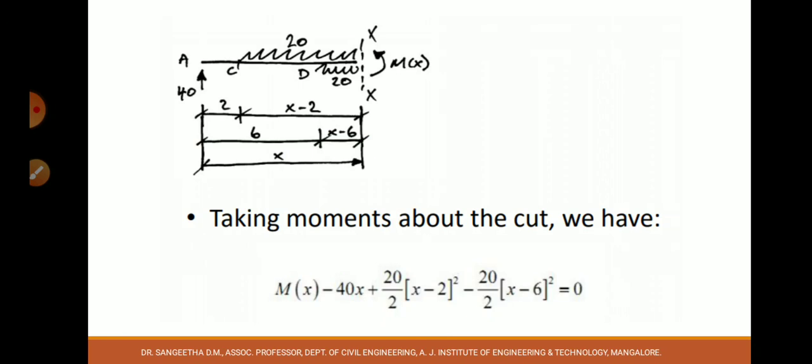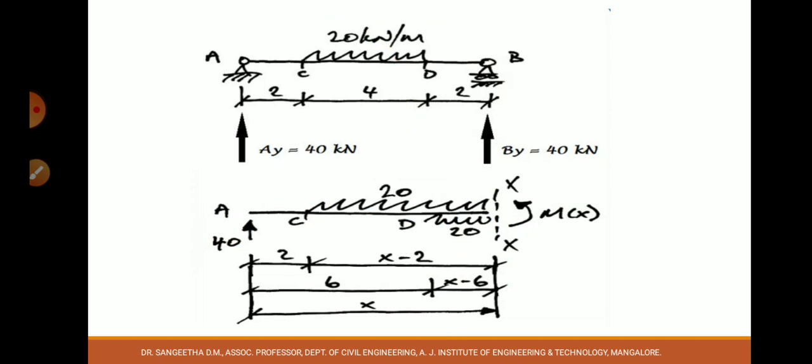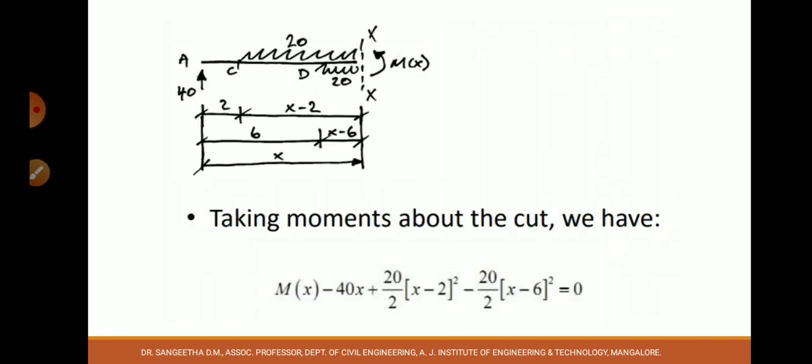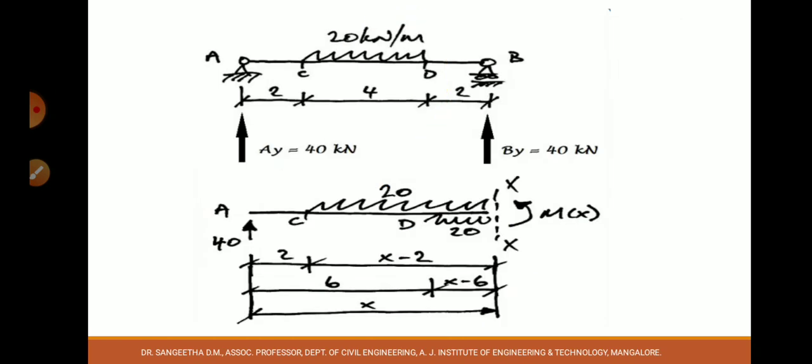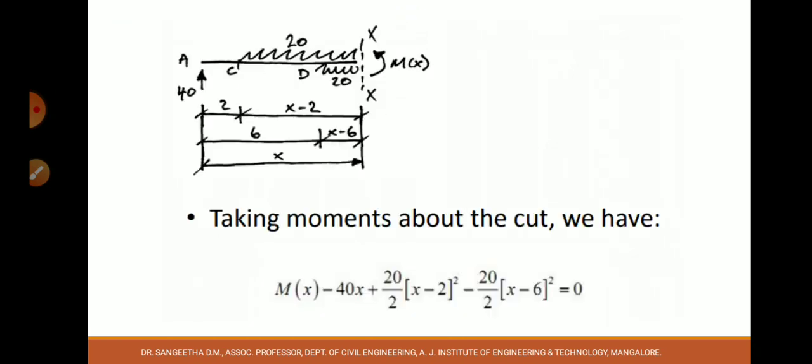So, writing the bending moment equation about the cut section: 40 into x, then for the UDL, W into L by 2, that is W L square by 2: 20 into x minus 2 whole square by 2, and for the bottommost load, 20 into x minus 6 whole square by 2.